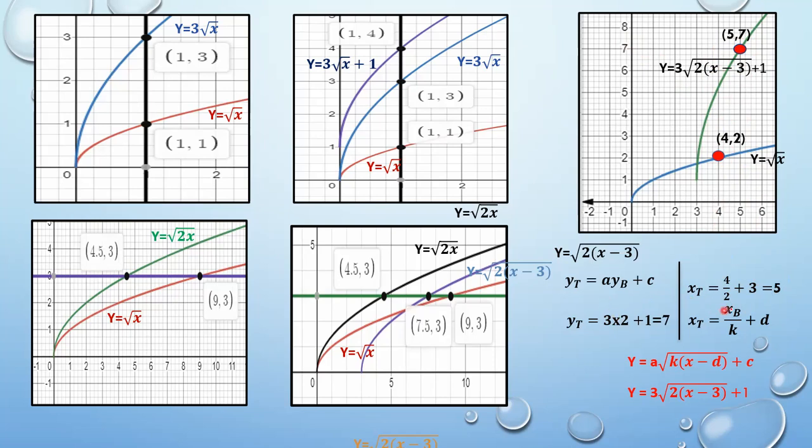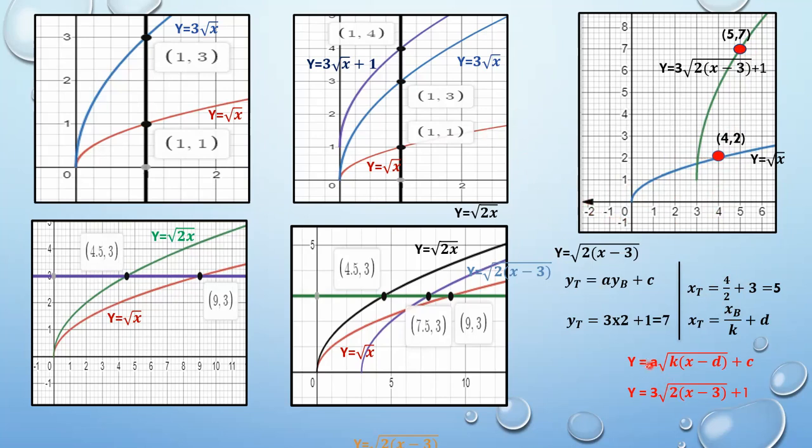Then basic x is 4 divided by 2, 2. It means it moves to this point. Then again, from here, you move 3 units to the right, 1, 2, 3, here. Then 5. So 5 and 7. This is the new point. So this is the transformed point.